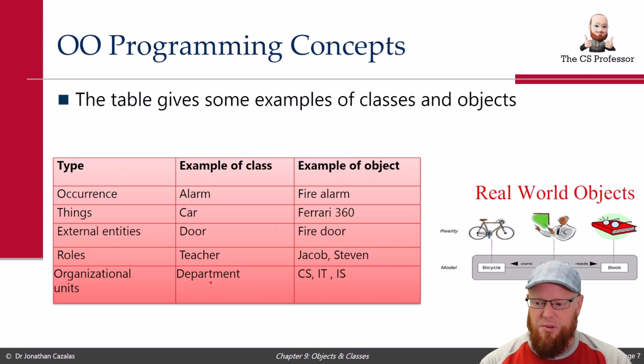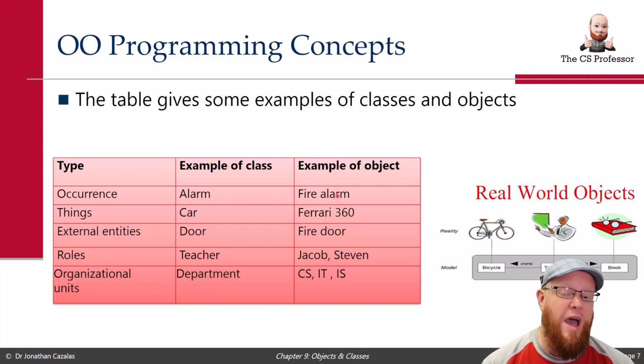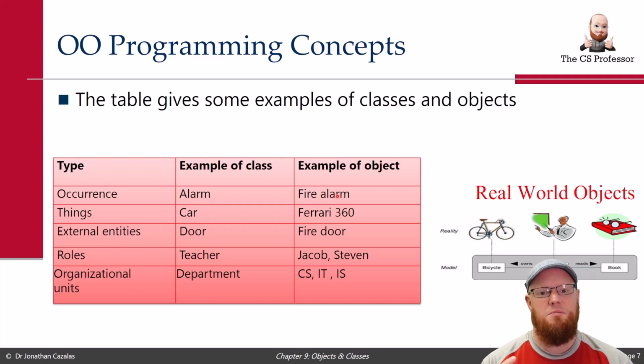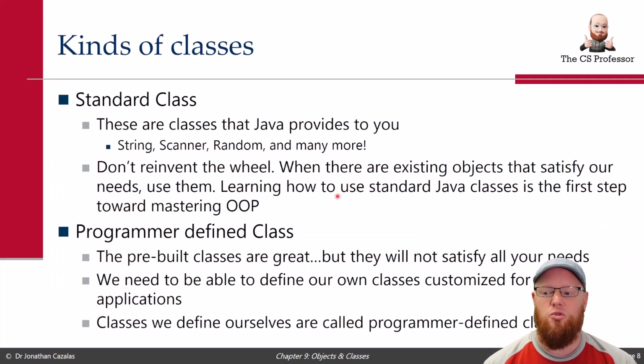It's not just people, but things or occurrences, the type of an alarm, a fire alarm. All of this can be modeled through this OOP paradigm of making these classes for these real world objects and entities, and then creating objects from those classes.